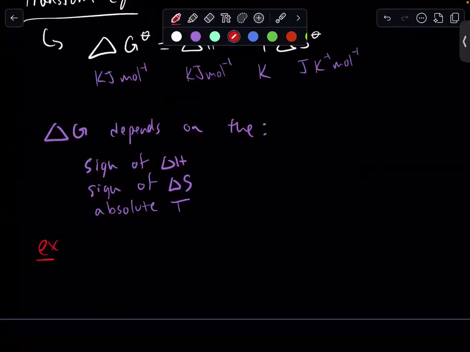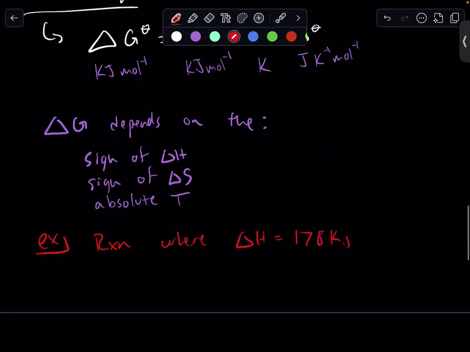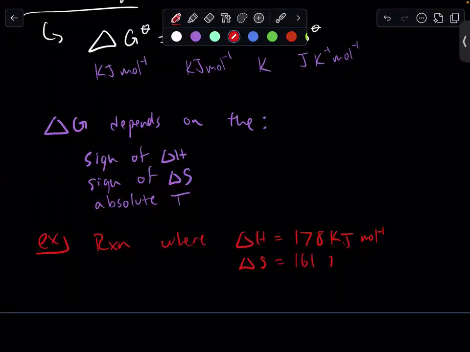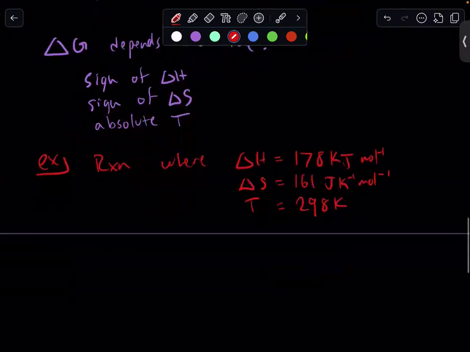Let's do an example. If we have a reaction where delta H is equal to 178 kilojoules mole inverse, delta S is equal to 161 joules Kelvin inverse mole inverse, and the absolute temperature is 298 Kelvin, well, we can just plug these values in.